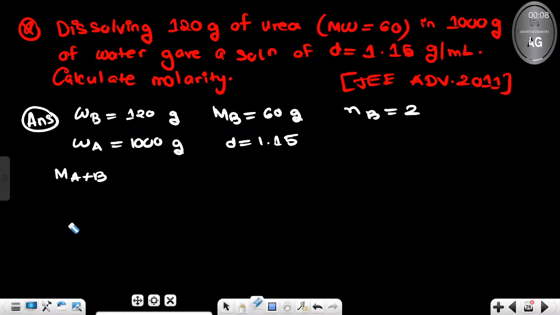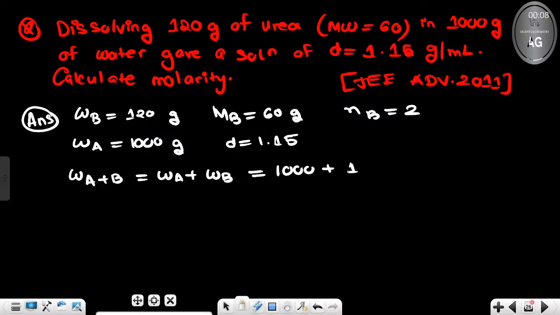So instead of M, I am writing with B, otherwise it will become molar mass. So weight of A plus B equals WA plus WB, right? So WA is basically 1000 and WB is basically 120. So can I write 1120 gram is the total mass of the solution. Now can I find out the volume of the solution?